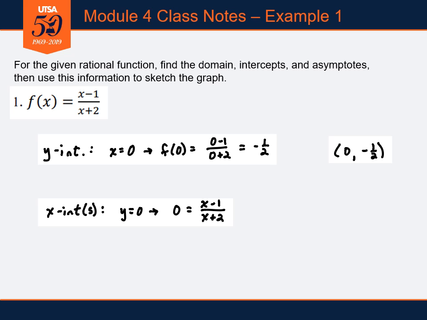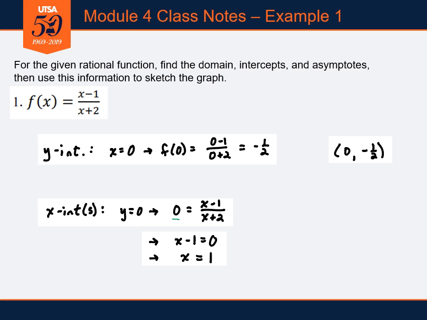For x-intercepts, we let y equal 0. In other words, we let the output be 0, and we solve for x there. That's not terribly difficult to do if we first multiply both sides by x plus 2 and realize that anything times 0 is 0. Then we end up with just x minus 1 equals 0. Add 1 to both sides, we get x equals 1.